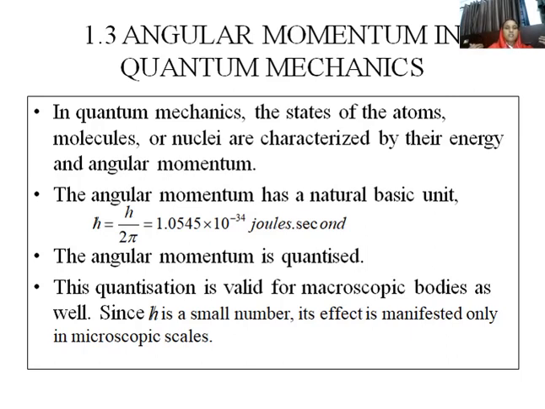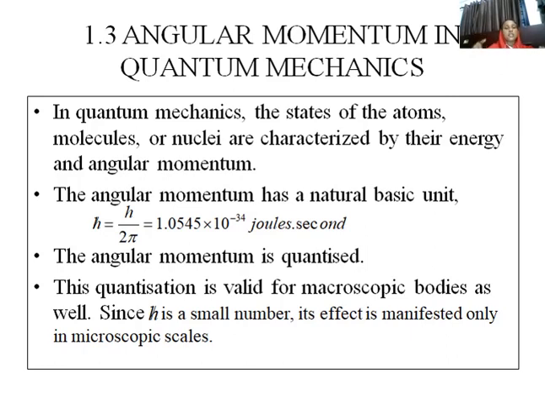You already learned about equations of motion, where the del square operator can be written in terms of the angular momentum operator also. So in another way we can say that the state is characterized by the Hamiltonian operator and the angular momentum operator, or energy and angular momentum.